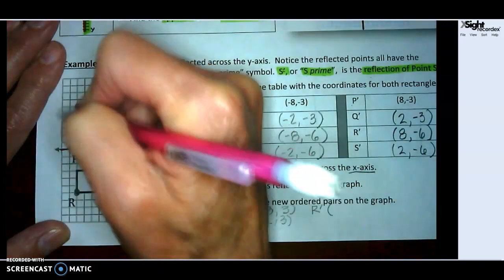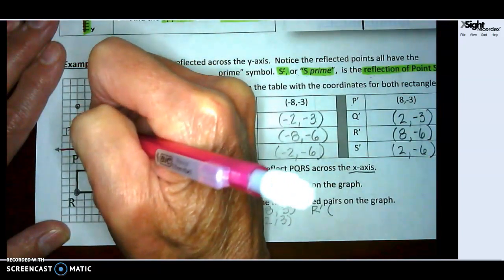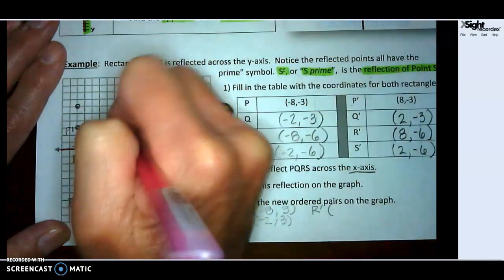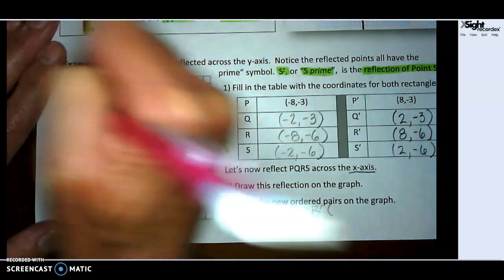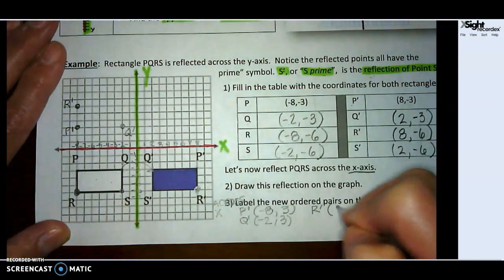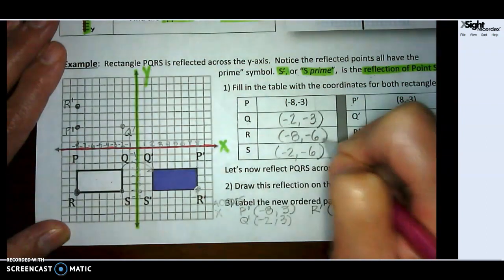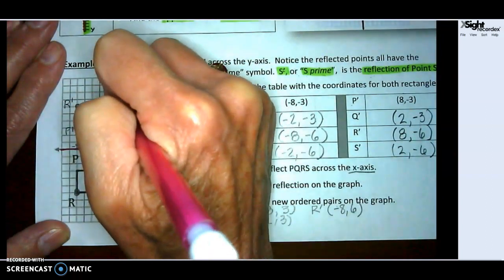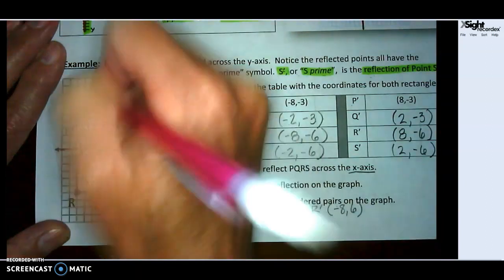And I can do that because I know 6 is 3 more than 3. That puts us, I didn't label my points, this is R prime. So -8, opposite of -6 is +6. And then S would be right here because I know I have a rectangle.